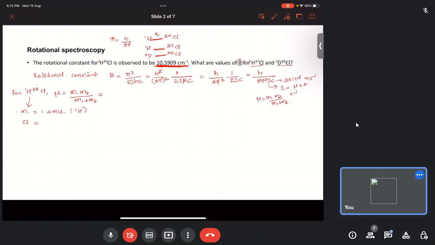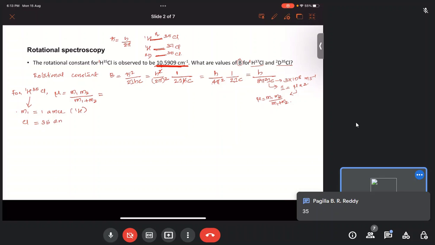For chlorine, how much is the molecular weight of 35 chlorine? It's going to be 35 AMU.